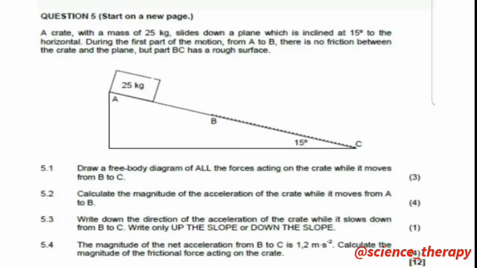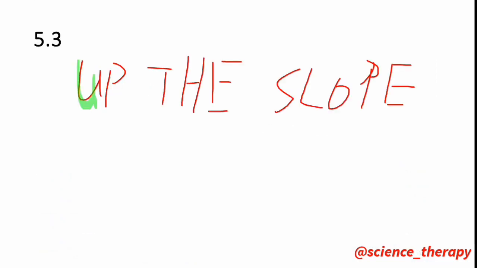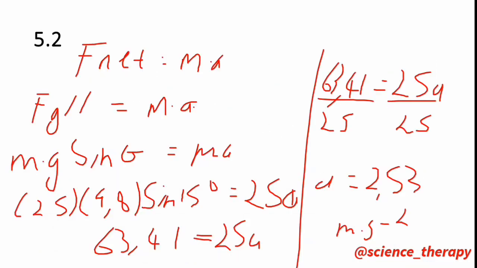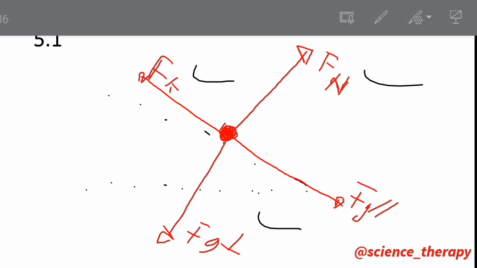Now 5.4 says the magnitude of the net acceleration from B to C is 1.2 meters per second square. Calculate the magnitude of the frictional force acting on the crate. So now we are on the part B to C. But remember, we have a free body diagram for that, right?